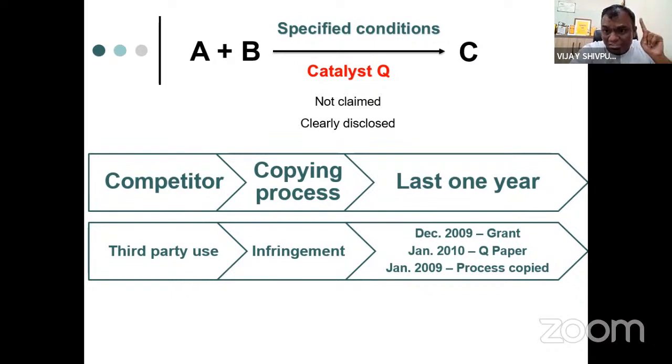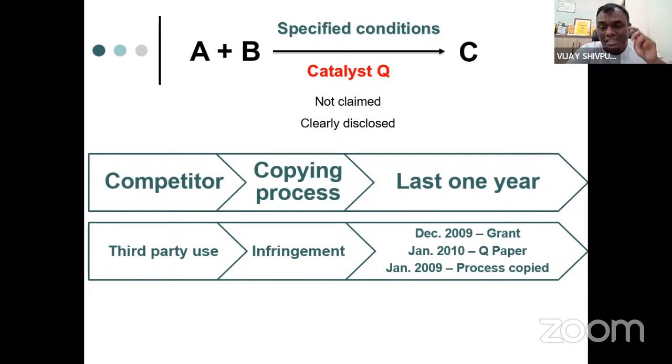Whether the competitor uses it, let us presume it doesn't use catalyst Q. In that case, the competitor is actually having A plus B under specified conditions, providing you C. The process the competitor is using is definitely infringing if they are not using catalyst Q. What if they are using catalyst Q?